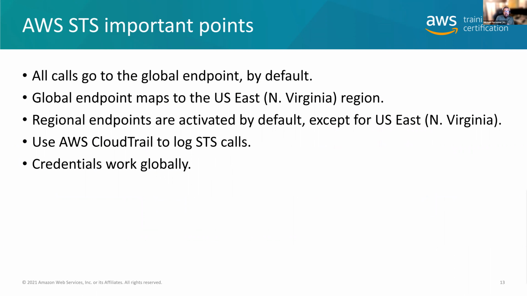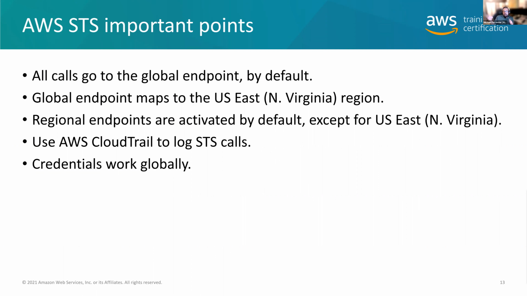So when you make a call to STS right now, at least, it all goes to Virginia. The Secure Token Service is available as a global service. All of the requests go to a single endpoint. The global endpoint, by the way, maps to the North Virginia region.